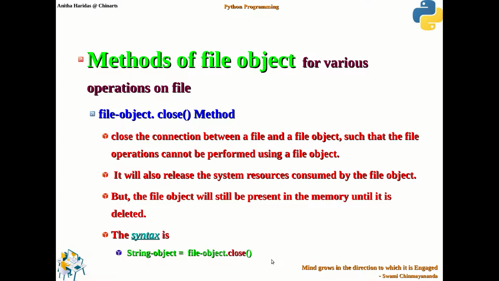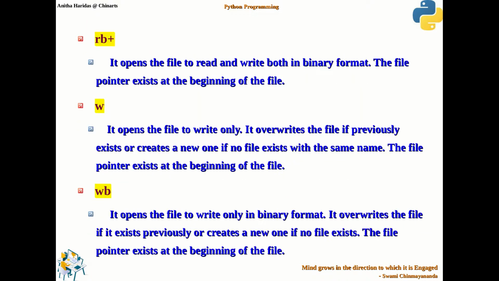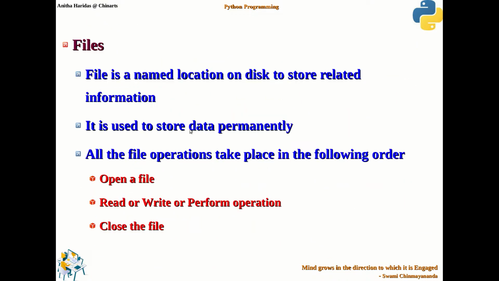Then another very interesting method, which is to be used always before you leave the program or finish the operation: you have to close the file. As we have already discussed, whatever file operations you want to do, you open your file, then read, write or perform some operation, then you have to close the file, right?